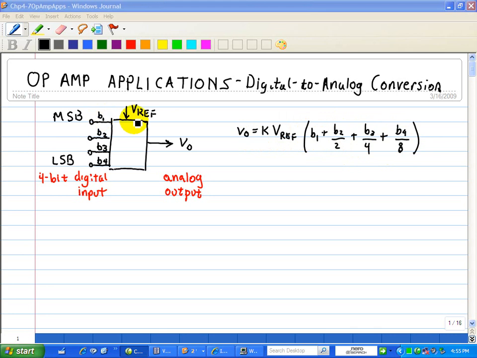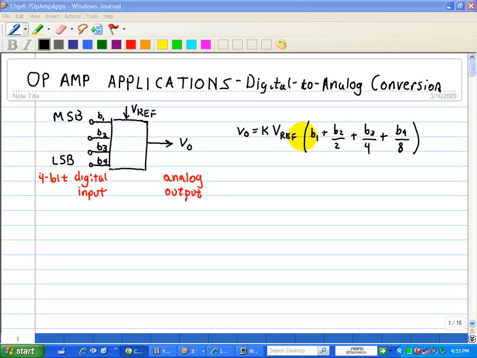So B2 has half the weight of B1, B3 is another half of B2, or 1/4 of B1, and B4 is 1/8 when compared to the bit input B1. So these are the weights, and that's how you get an analog output based on this weight.